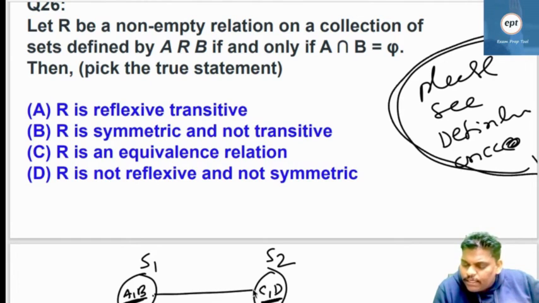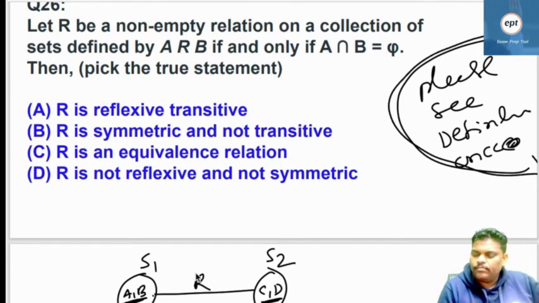Then these two are related. Two sets are related if the intersection is the empty set.